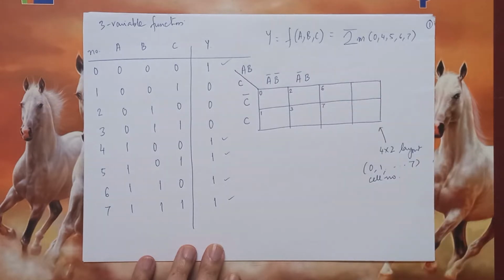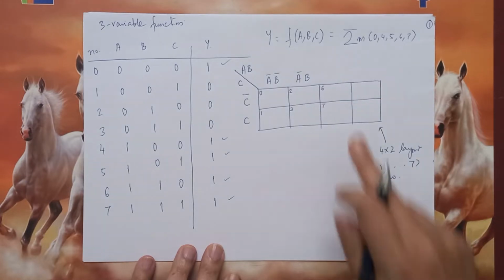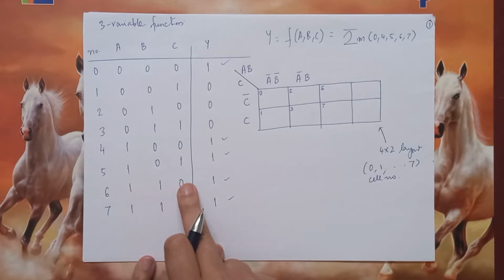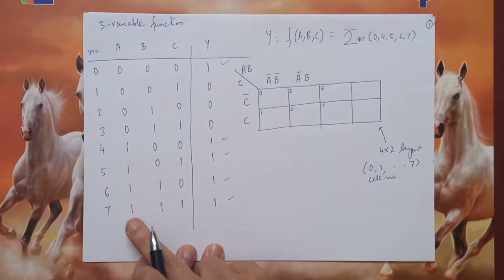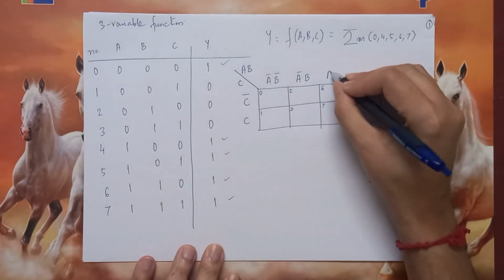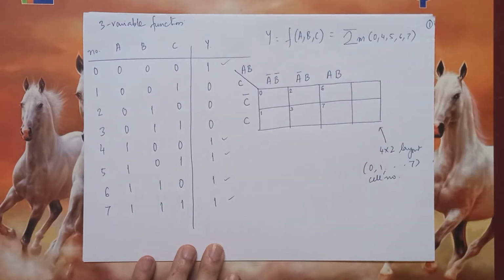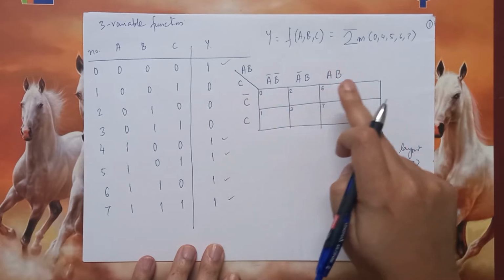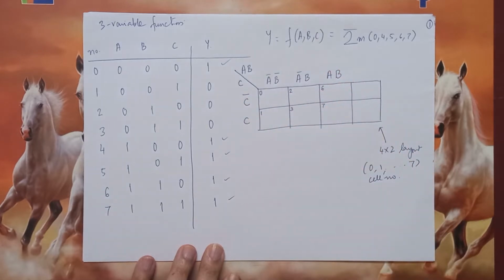So this will be 7. So in terms of the variables, 6 is A, B and C bar, whereas 7 is A, B, C. So this column will be labeled as A and B. Because A, B, C bar is 6, A, B, C is 7.